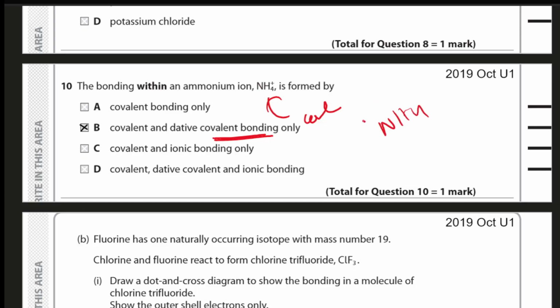Since nitrogen has one lone pair of electrons, it can donate it to an empty orbital of a hydrogen ion. So that is how an ammonium ion is produced, by the presence of covalent bonds between nitrogen and hydrogen, and a dative covalent bond between nitrogen and hydrogen.